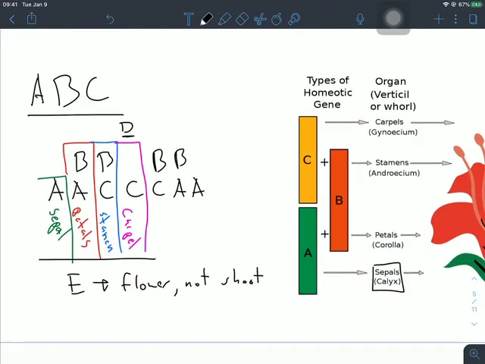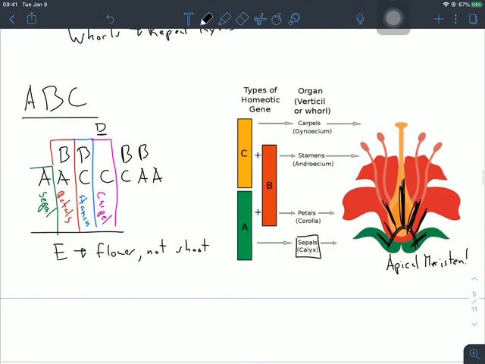So you have an E gene turn on to make the whole thing possible to be a flower. If E and A are on, you make a sepal. If E, A, and B are on, you make a petal. If E, B, and C are on, you make stamen. And if E, D, and C are on, you make a carpel.